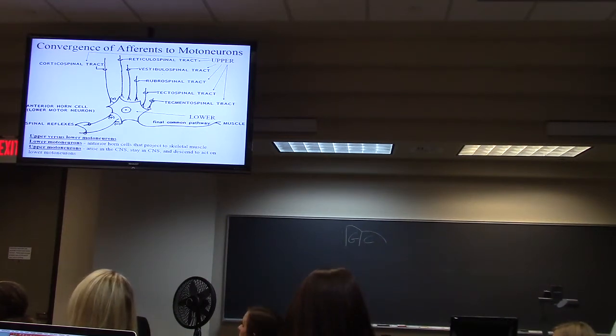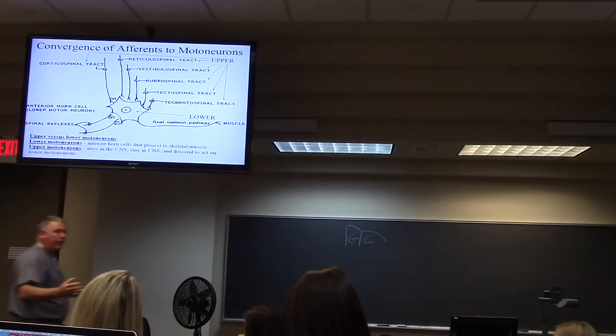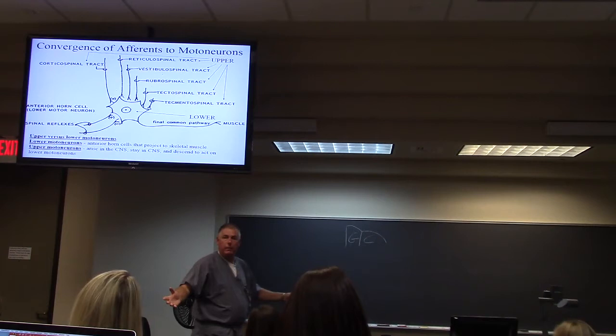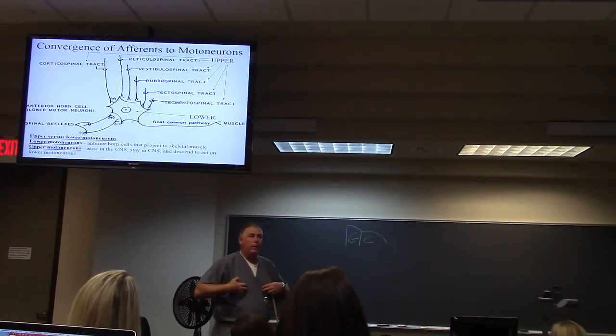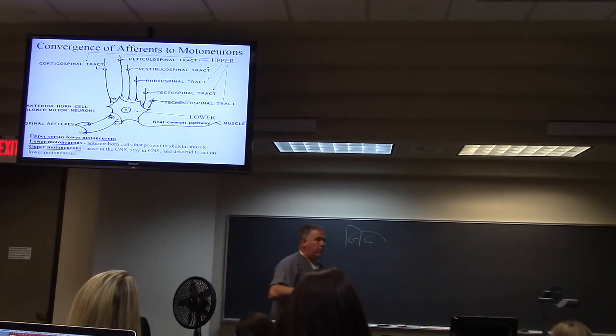My reflexes said, wait a minute, you're not where you're supposed to be, you have to do a correction. And the correction is, I don't fall down. I weigh 225 pounds.